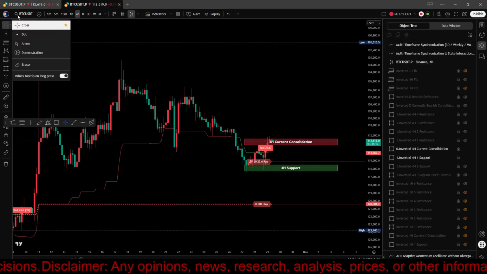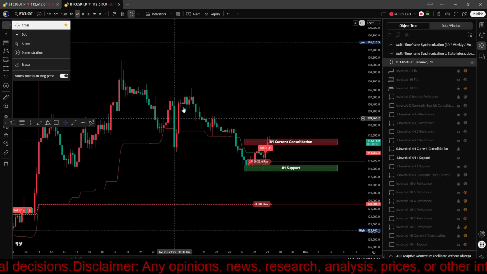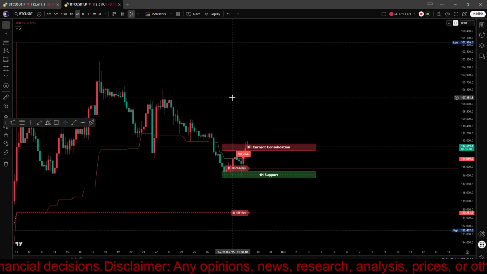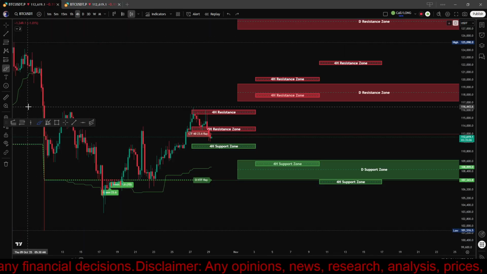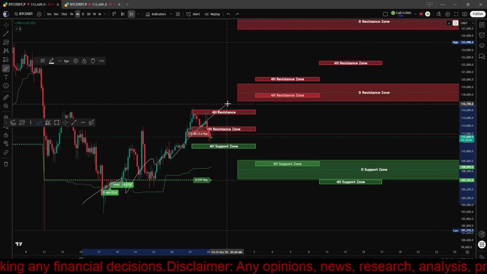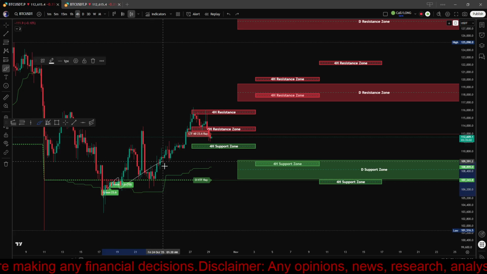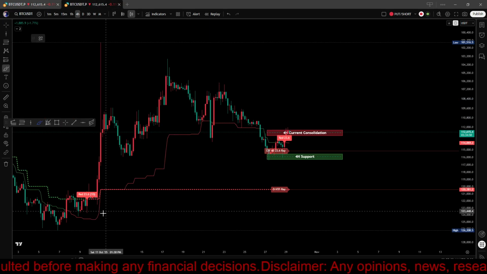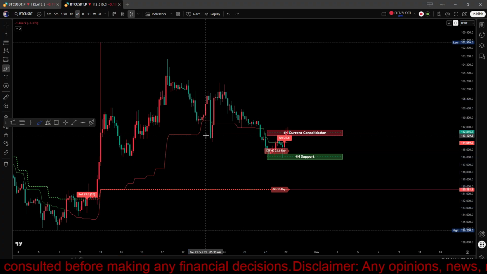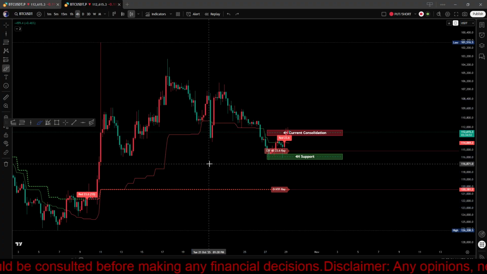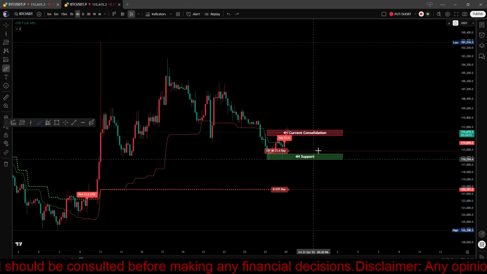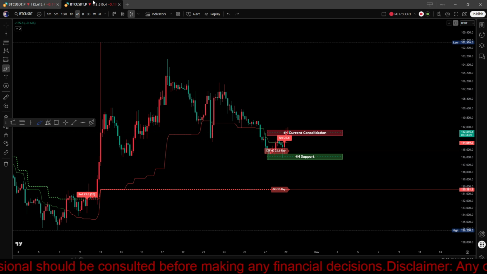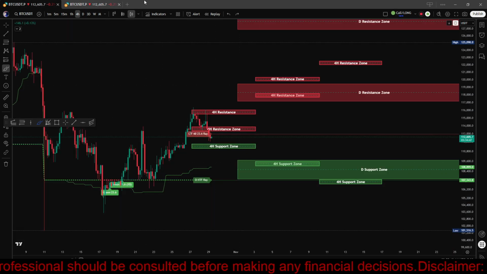So let me add some of the bearish perspective also here. This is what I normally do for the bullish analysis. Now this is what I do for the bearish analysis, the bearish structure, similar to the normal bullish.